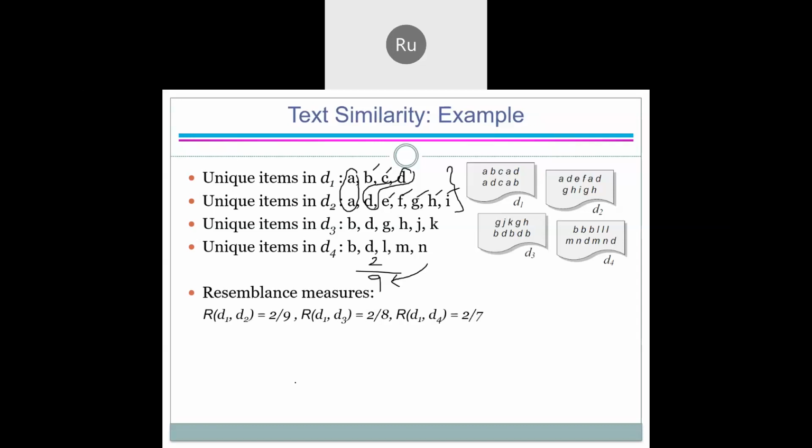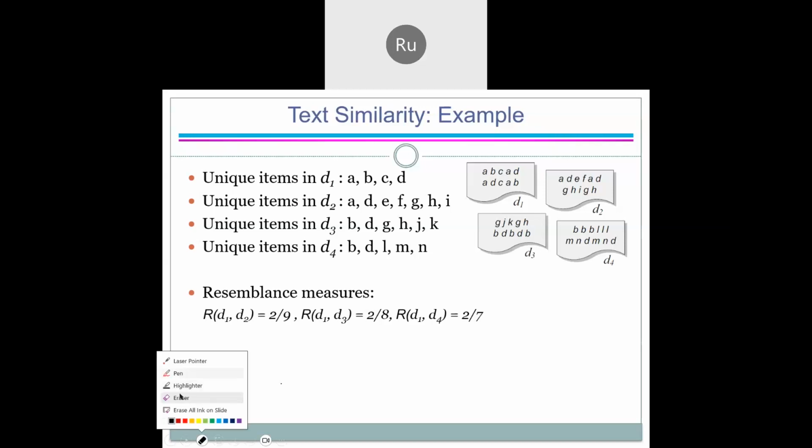Let's take a look at D1 and D4. Let me erase first. Okay, D1 and D4. We're looking at this one. So D1 and D4, we have 1, then 2, and just 2 only.